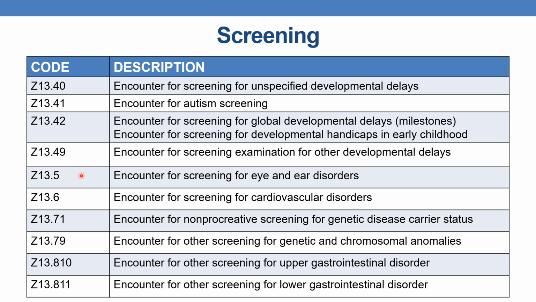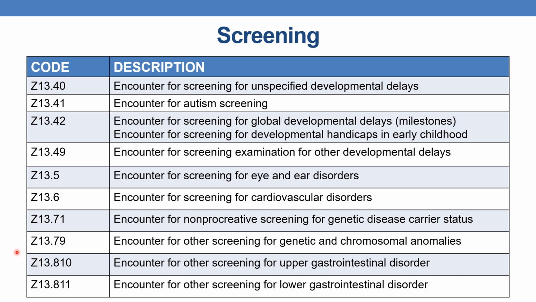The next is Z13.5. It deals with encounter for screening for eye and ear disorders. The next is Z13.6. It deals with encounter for screening for cardiovascular disorders. The next is Z13.71. It deals with encounter for non-procreative screening for genetic disease carrier status.